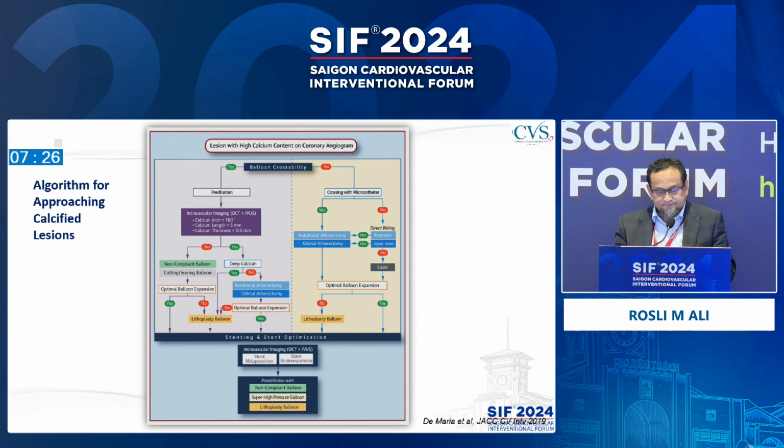On the other hand, if you cannot cross with the balloon, which is on the right side, then you use a microcatheter. If you can pass a microcatheter down, then you do atherectomy. Following atherectomy, once again, get an optimal balloon expansion. If yes, then stent expansion. If no, then once again, you think about IVL.